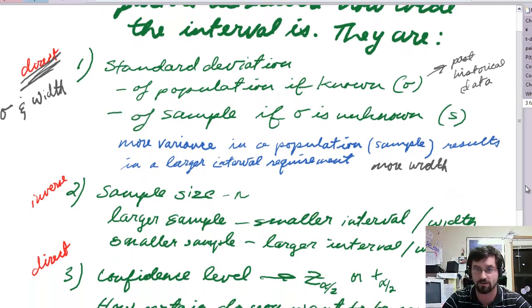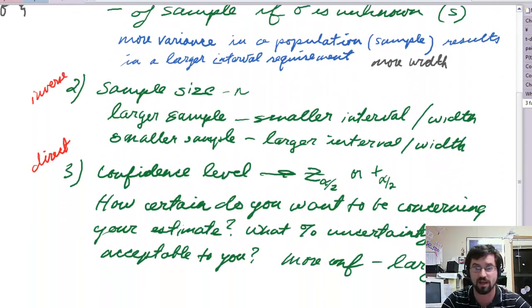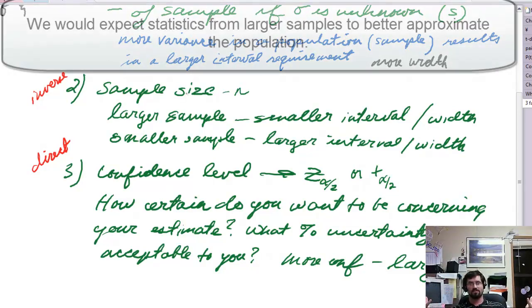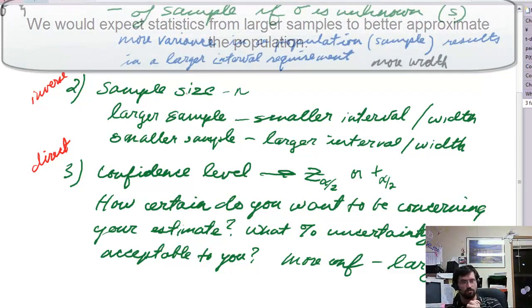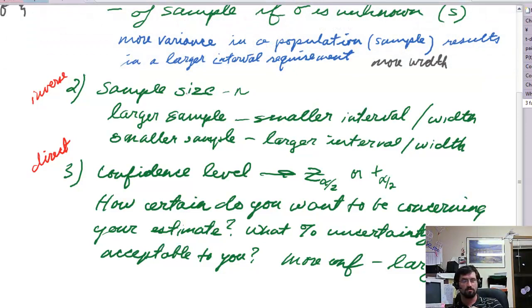Okay, let's look at the next thing. So that's one factor. The next factor is your sample size. If you take a large sample size, then you can be more confident about the results that you get from the sample. Doesn't that make sense? If I sample from my class, let's say I'm doing a class of 30 students and I'm trying to estimate the average grade in the class. Well, if I only sample 2 students, then how likely is that estimate going to be an accurate reflection on the whole class?